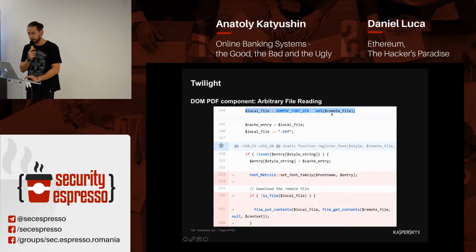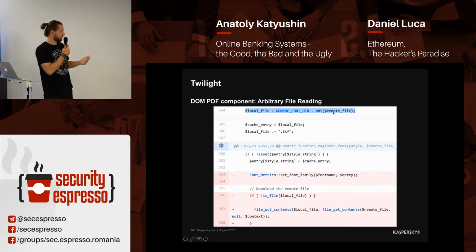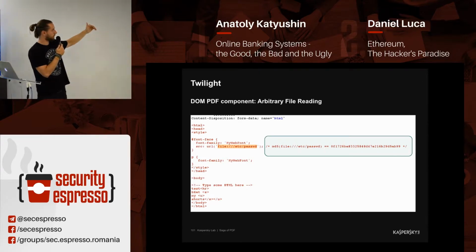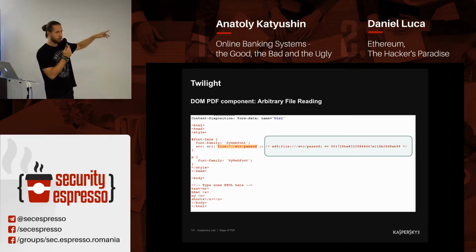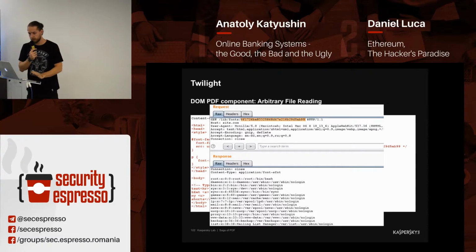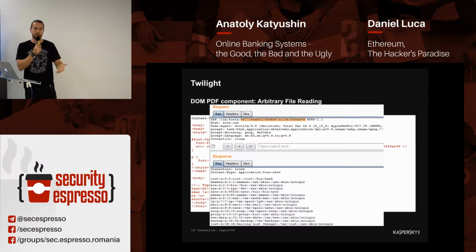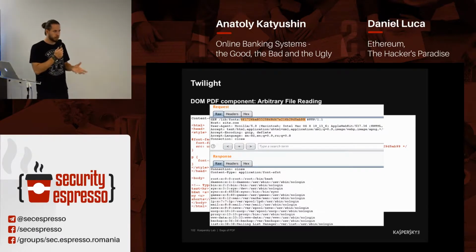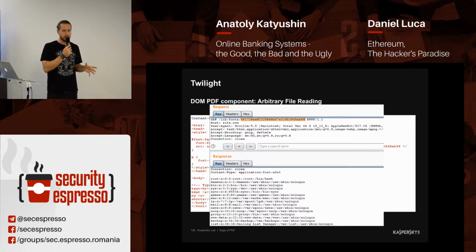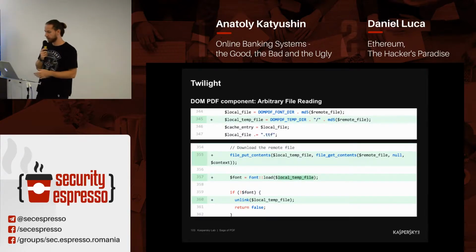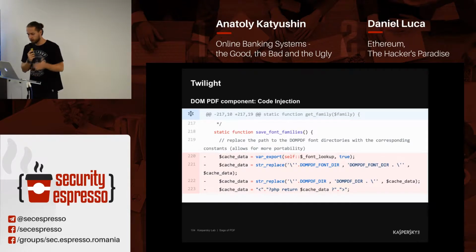It's just MD5 of the path to the remote file. So this is the exploit, and on the right side in the blob you can see the file name. So we could just access it from the web. But the snag was that in our case, this DOM-PDF component was a component of the Symfony framework, so it was outside of the web. So we submitted the vulnerability, it was fixed, and we moved on.